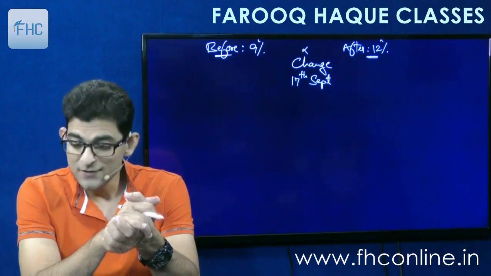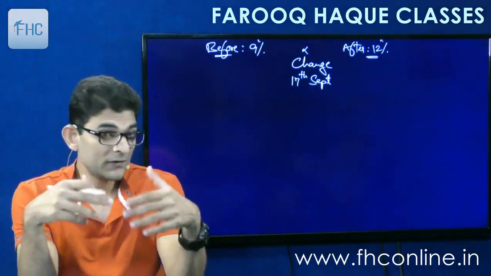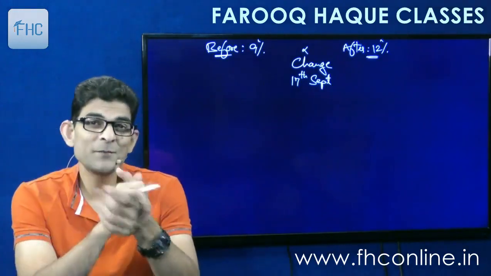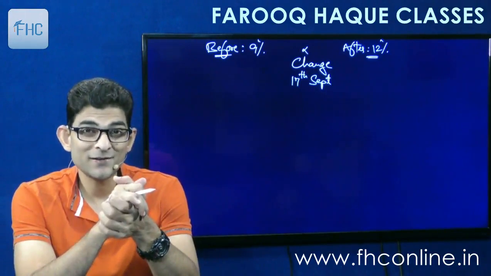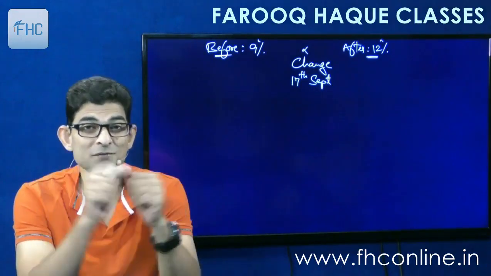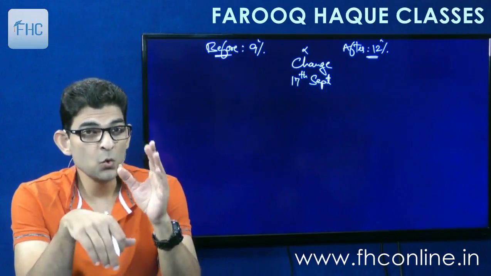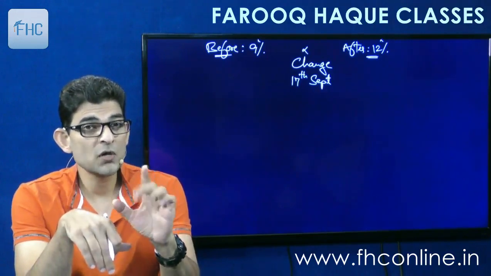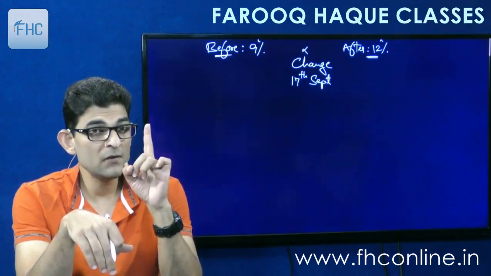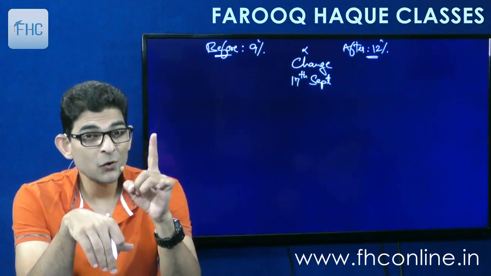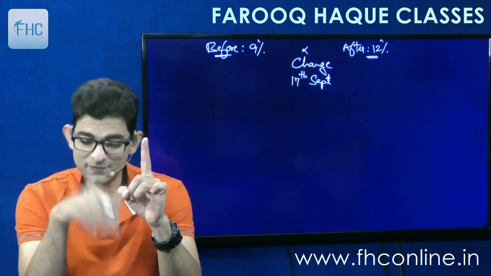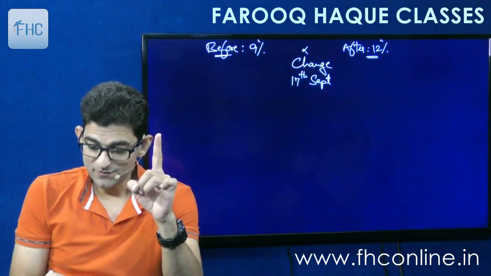Obviously the new one. Whenever the government says that we are changing the rate, say for example on 17th of September, the new rate comes into force right from 12 midnight of 17th September. Let me explain. This is 16th.